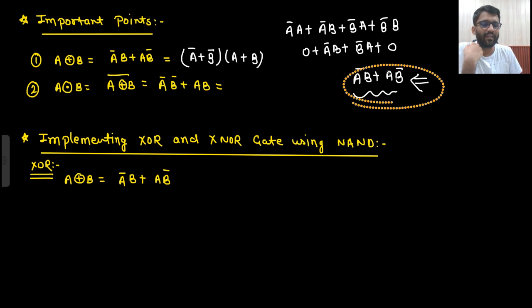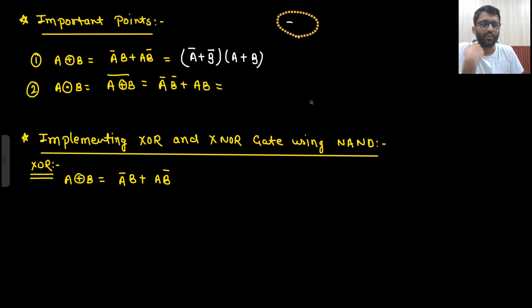How will you remember it? You will remember that this is SOP form, sum of product form. If I need to write in product of sum form, then I will remember XNOR. What is the answer of XNOR? A bar B bar plus AB. So, (A bar plus B) dot (A plus B bar)... this is how I will remember it. And this is also which form?